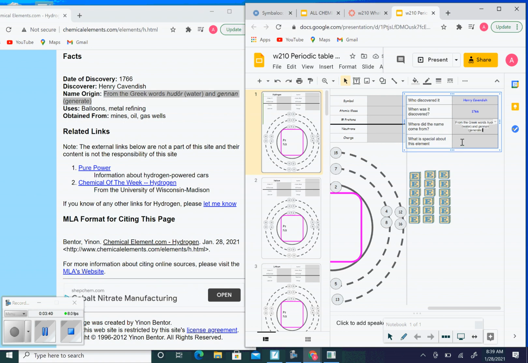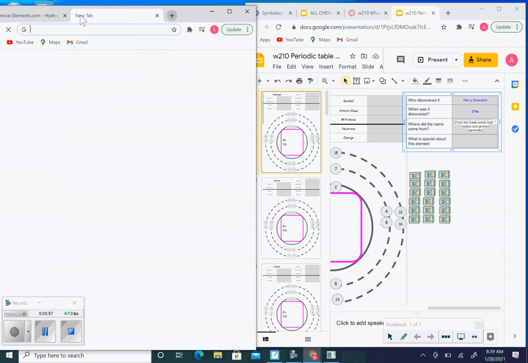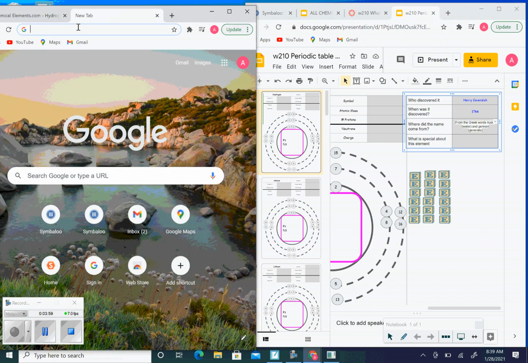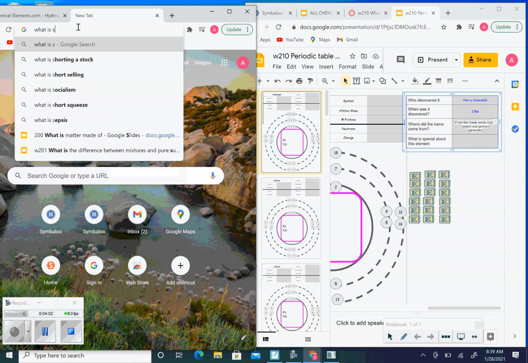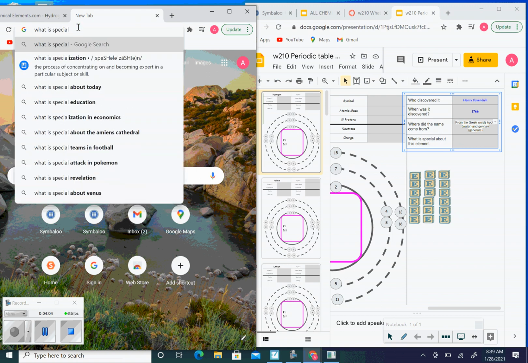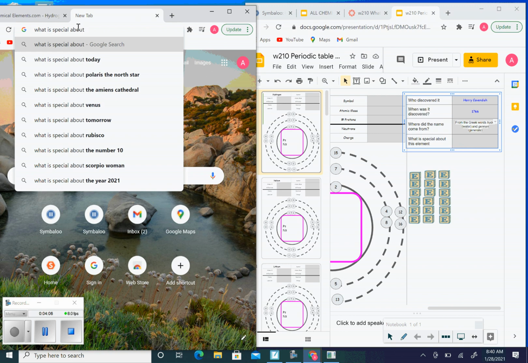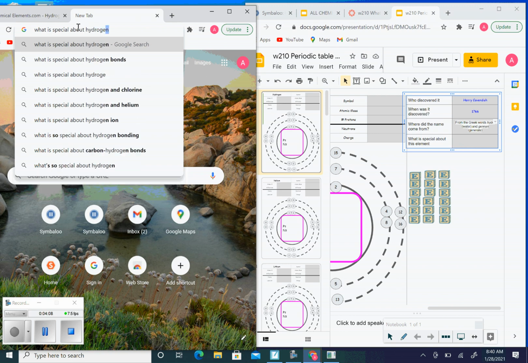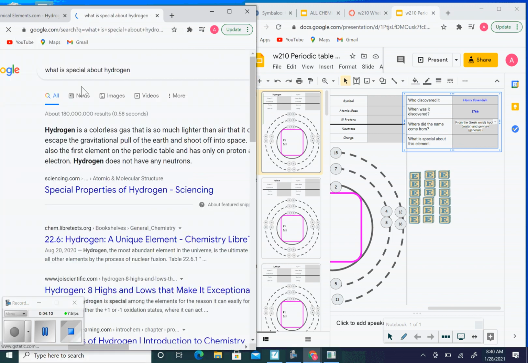What is special about this element? Now, at this point, you can go ahead and search what is special about hydrogen. You can say where it's obtained from, its uses. You can find anything out on the web about it. So I'm going to open up this and I'll say, what is special maybe about hydrogen? Okay.